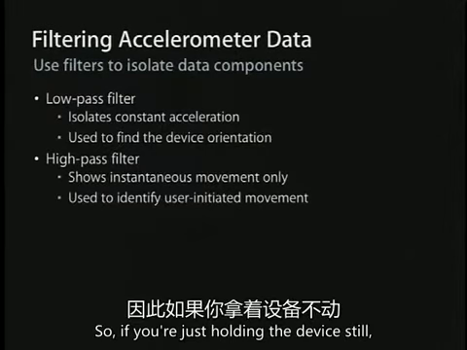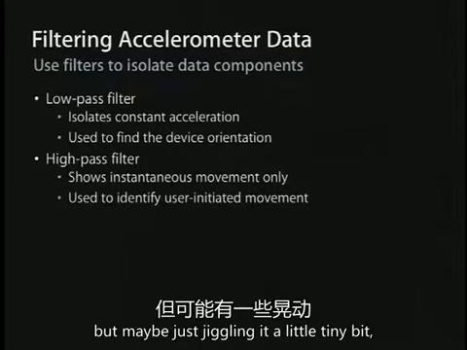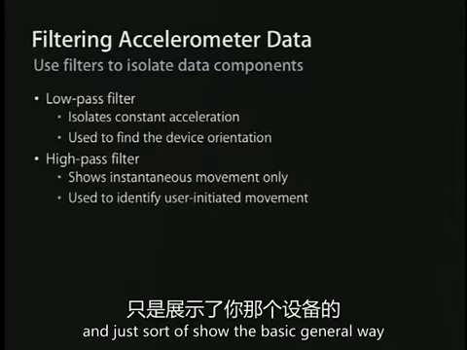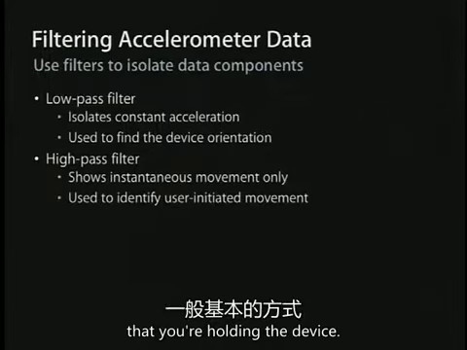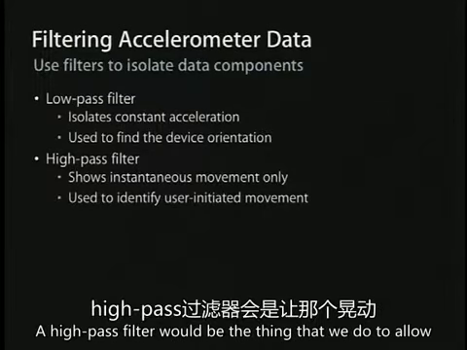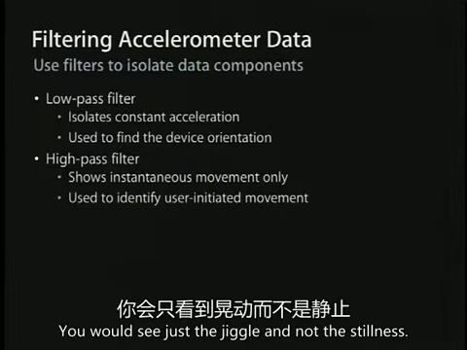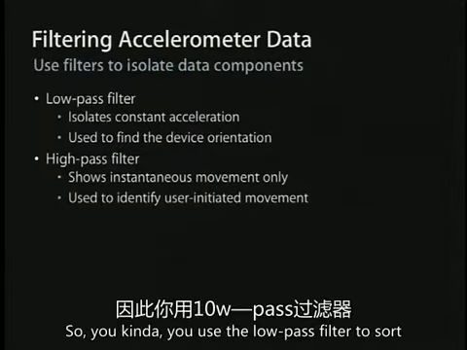If you're just holding the device still, but maybe jiggling a tiny bit, a low-pass filter would get that jiggle out of there and just show the basic general way that you're holding the device. A high-pass filter would be the thing that we do to allow that jiggle to be seen. You would see just the jiggle and not the stillness.